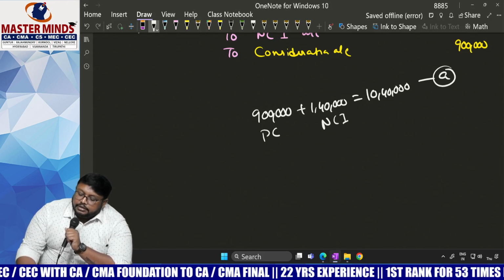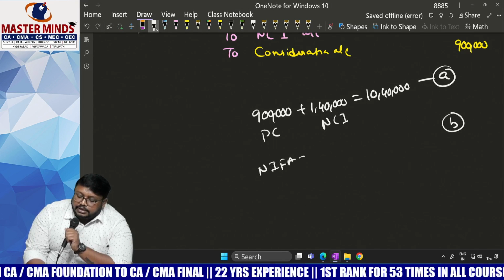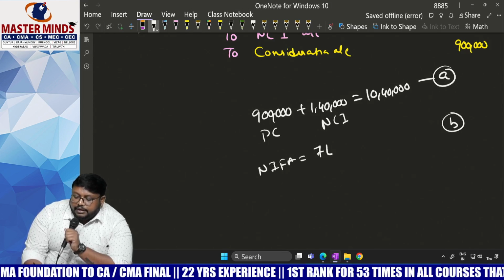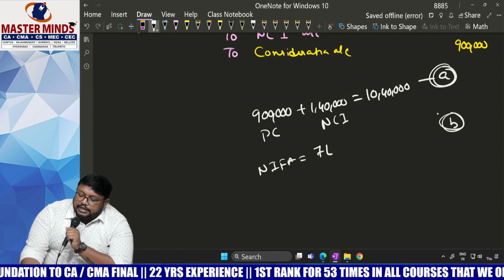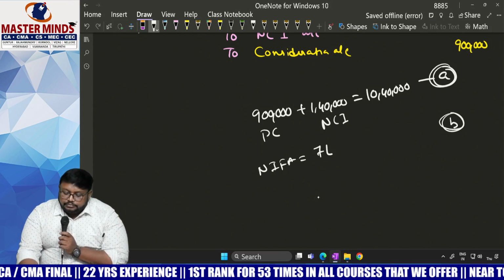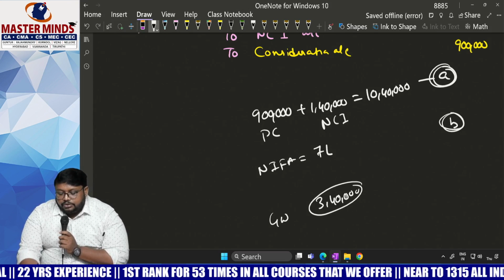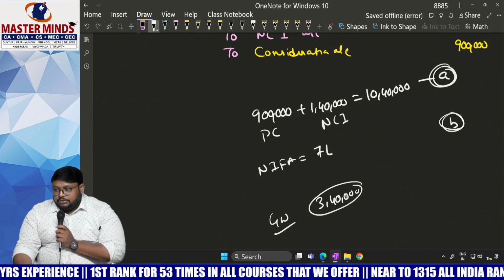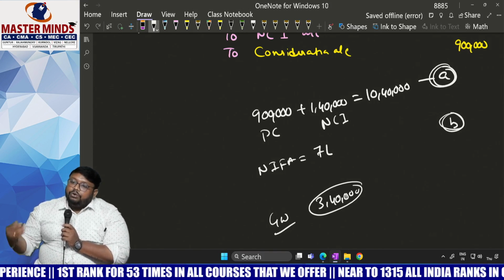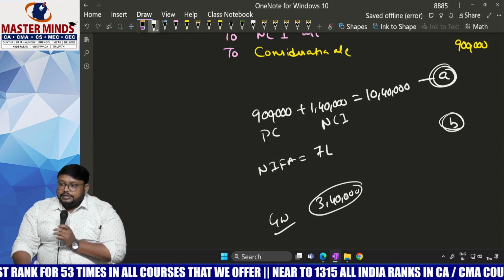Now what is B? Net identifiable assets, 7 lakhs. Now A is in excess of B by 3 lakhs 40,000. That will be the goodwill. So the excess of A over B is goodwill. If B exceeds A, it is gain on bargain purchase.